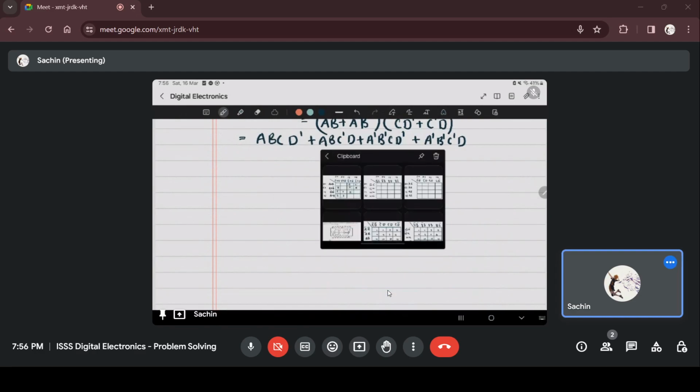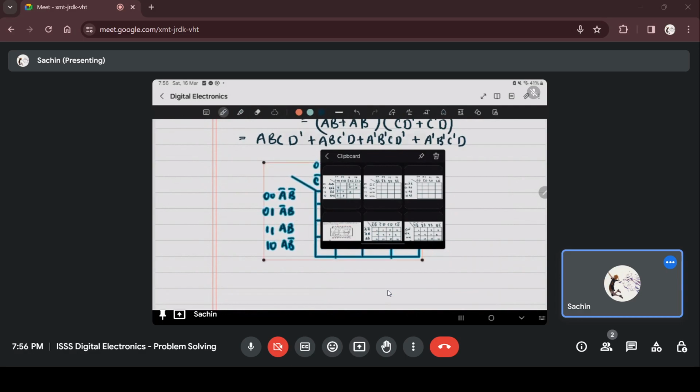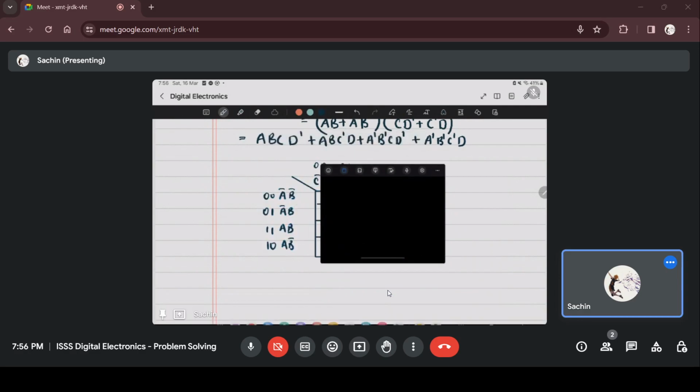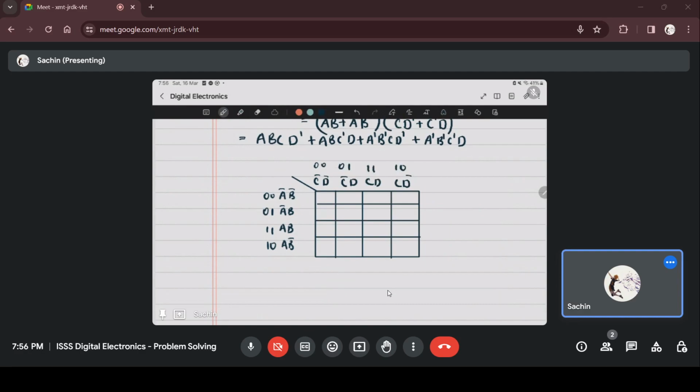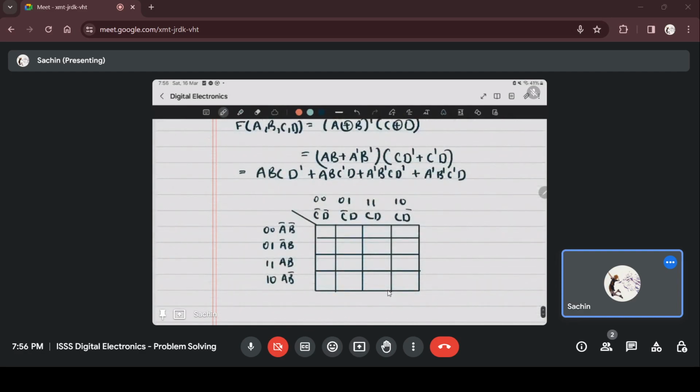And then we'll simplify this using a K-map. And we want it in the product of sums expression because we are going to implement it using only NOR gates.